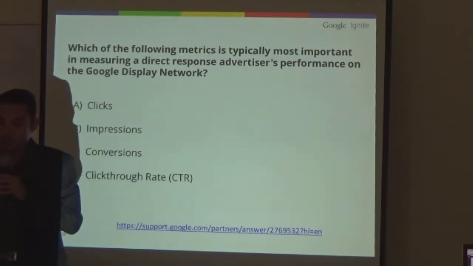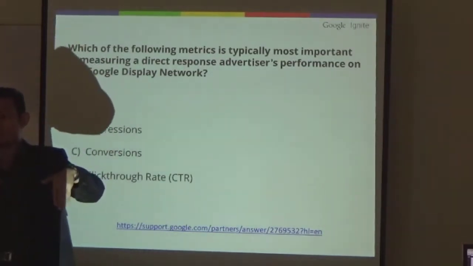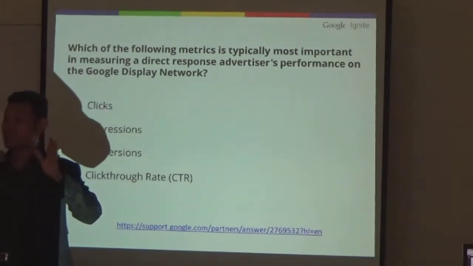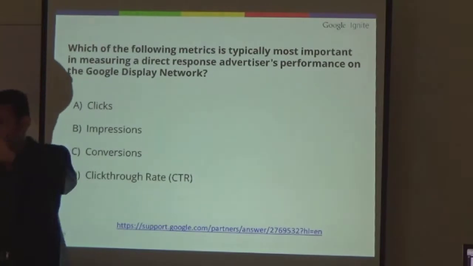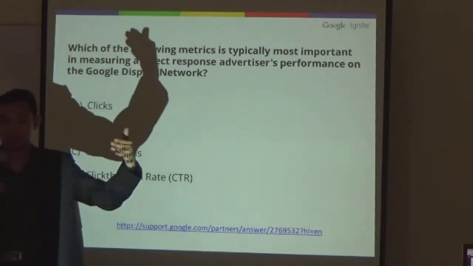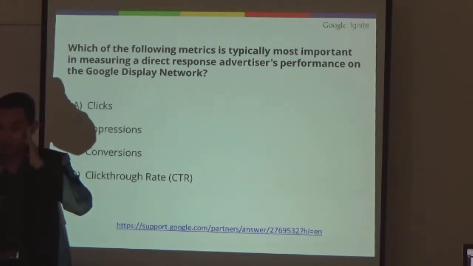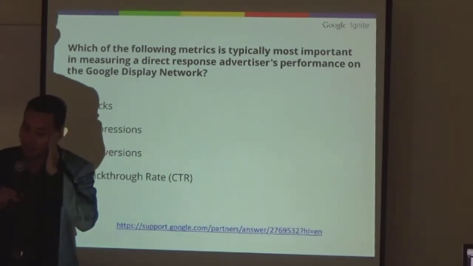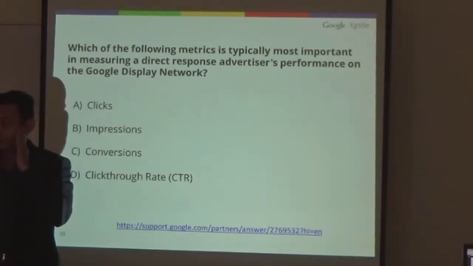Let's take a look at this. Which of the following metrics is typically most important in measuring a direct response? What is direct response? We are talking about getting people, not for branding, but more towards the initiative for them to make a sale or a sign up or purchase. A direct response advertiser's performance on a GDN. So which is the most important metric here?